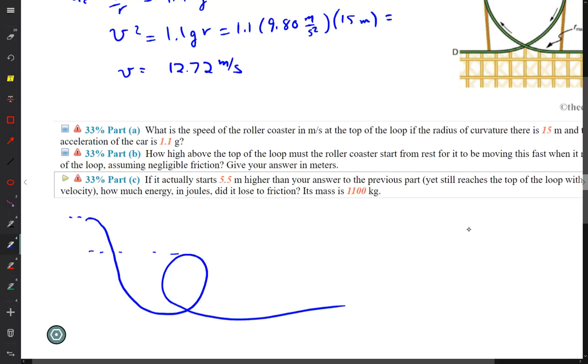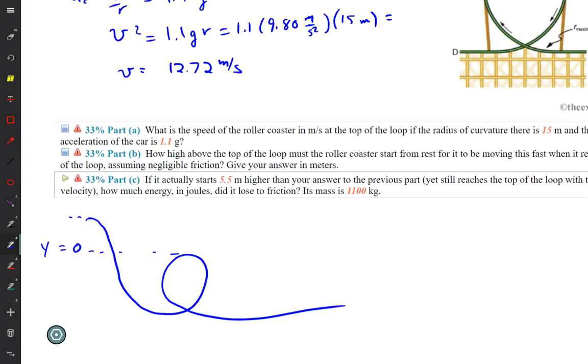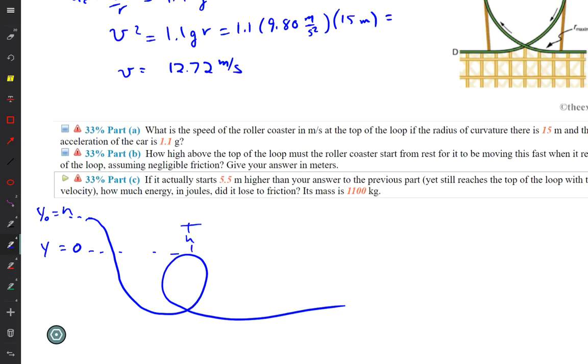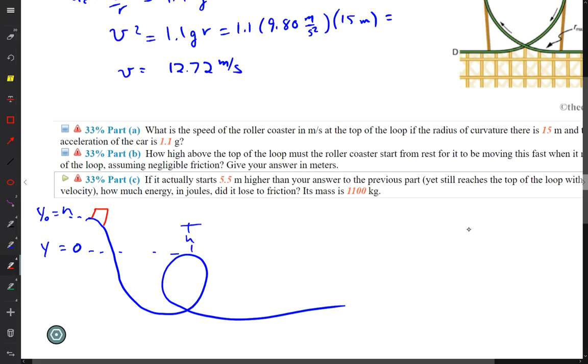I'm going to call this h equals 0, or y equals 0, excuse me. y equals 0 when you're at the top of the loop, so that I can calculate y initial is equal to h, where h is this height above. So I have my roller coaster car that starts here, goes down the track, comes up, and I'm looking at it right here.